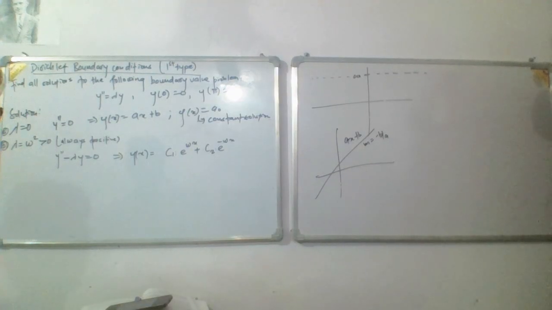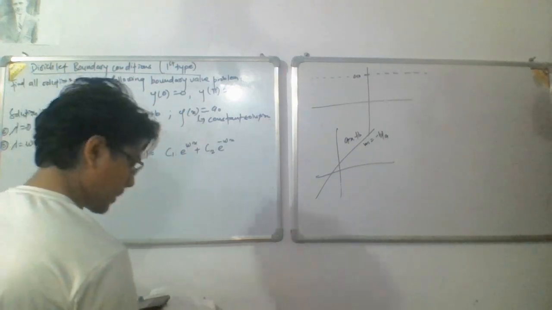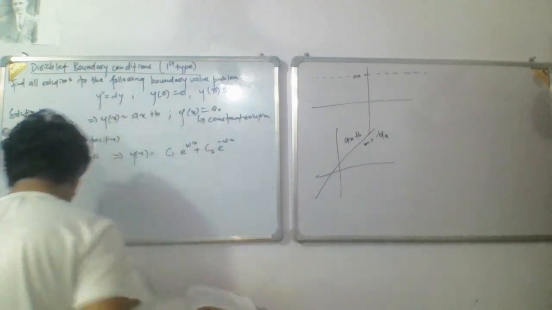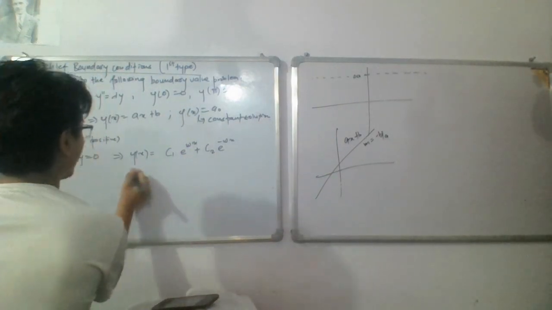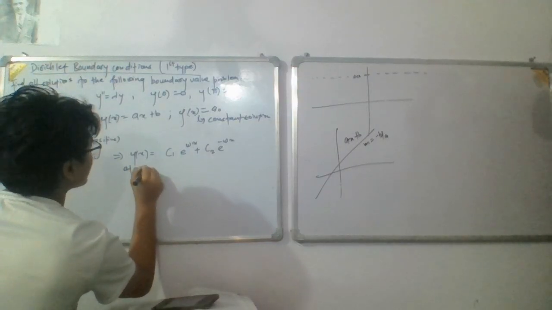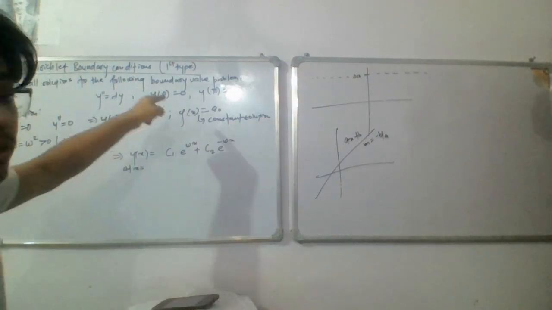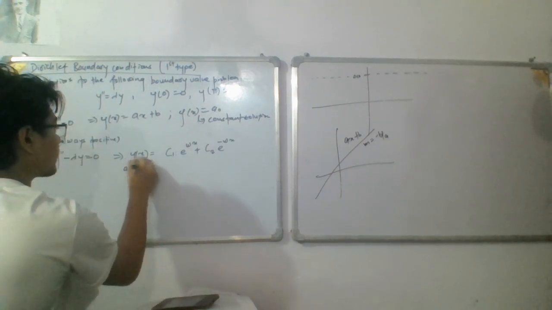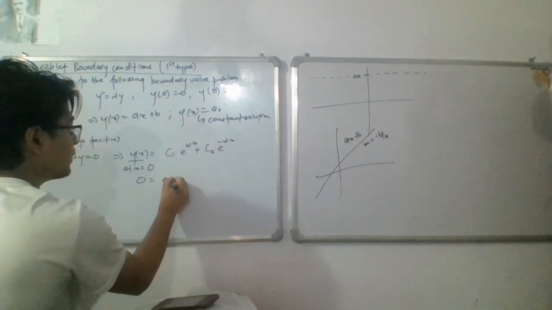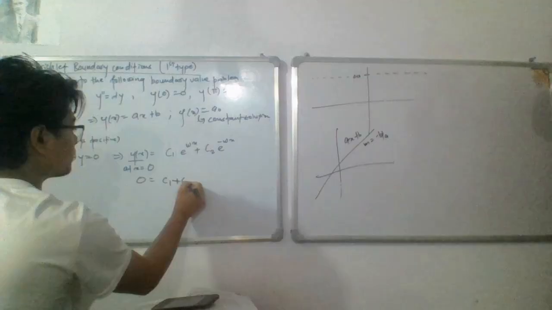Now let's apply those boundary conditions here. Let's take x equals 0. At x equals 0, this whole thing becomes 0 equals c1 plus c2, right?